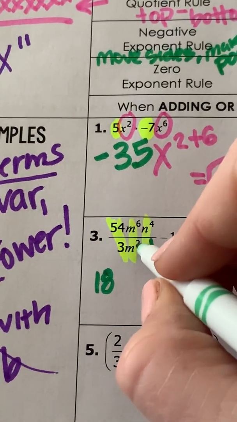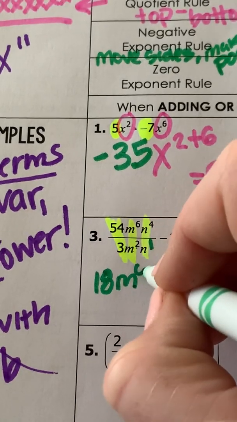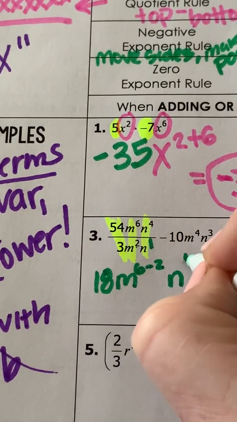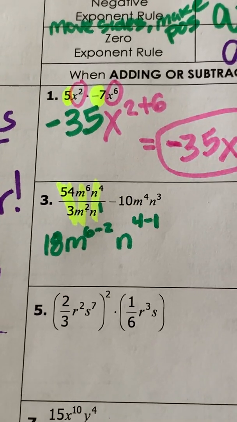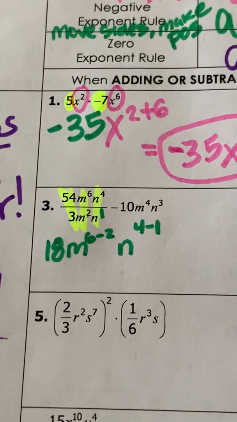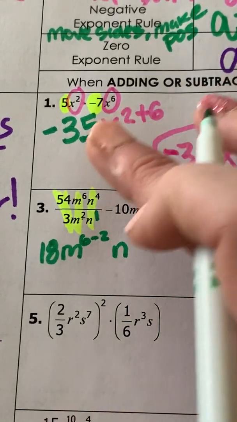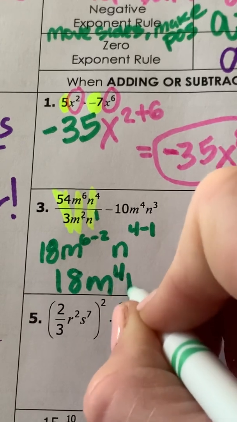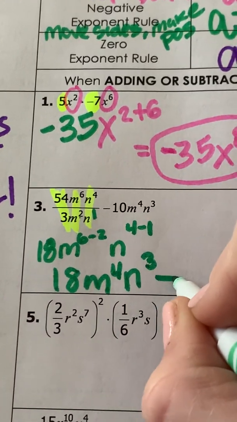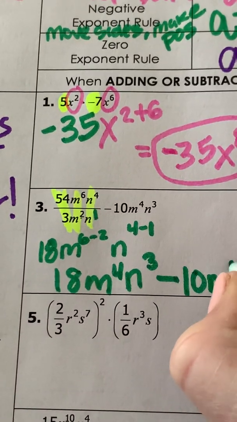Then I'm doing top minus bottom. So m to the 6 minus 2, n to the 4 minus 1. You obviously do not have to write this middle step out. I'm just showing you how the quotient rule works, top minus bottom. So that would give me 18m to the 4th n to the 3rd, and then we're subtracting 10m to the 4th n to the 3rd.